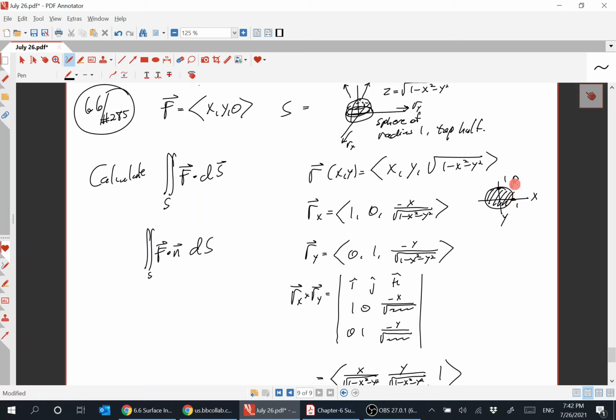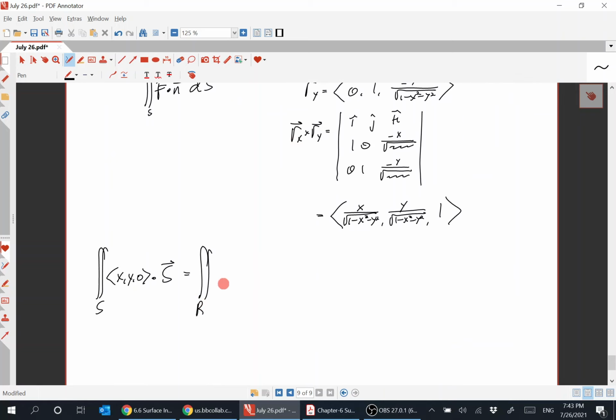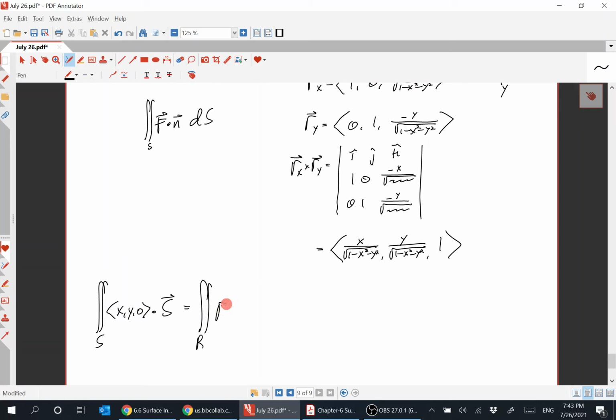Right, so that's going to be the region R for x, y. So the double integral over R of f of R of x, y, dot Rx cross Ry dA.